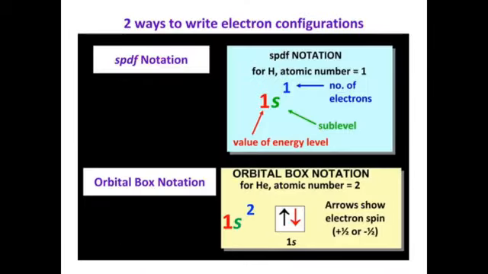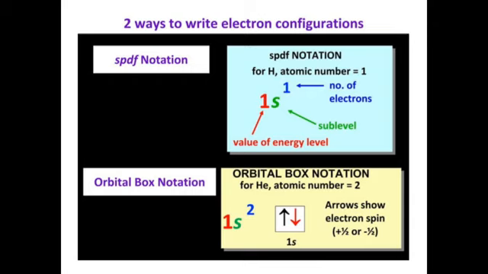Now quickly, let's look at two ways by which we can write electron configurations. Actually it's three ways, but for the purpose of this video we'll be focusing on two. We have the SPDF notation and orbital box notation. In SPDF notation, let's go back to the hydrogen that we were using earlier.